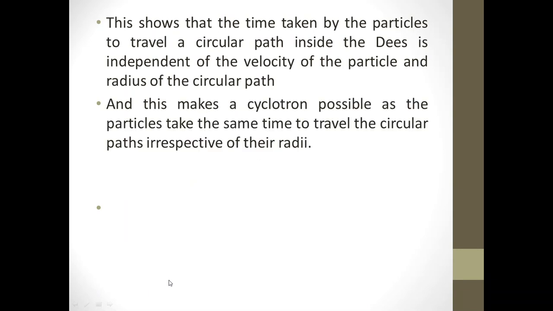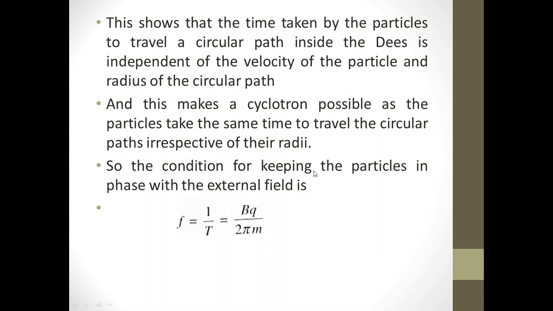So this makes a cyclotron possible, as the particles take the same time to travel the circular paths irrespective of their radii. So the condition for keeping the particles in phase with the external field is that the frequency of the particle is 1 by T, which is Bq by 2 pi m.